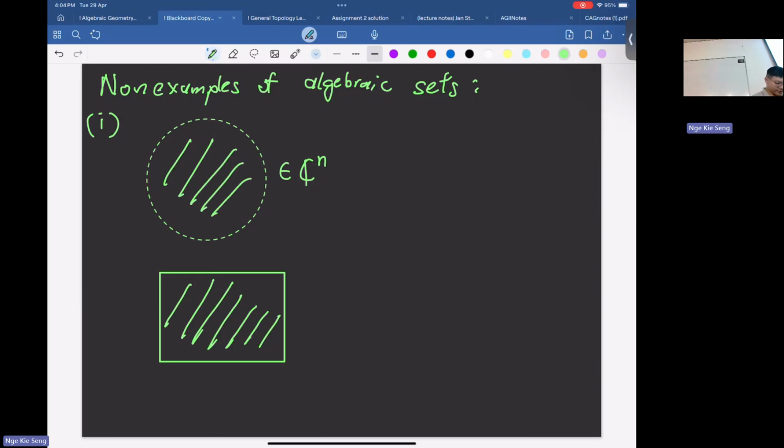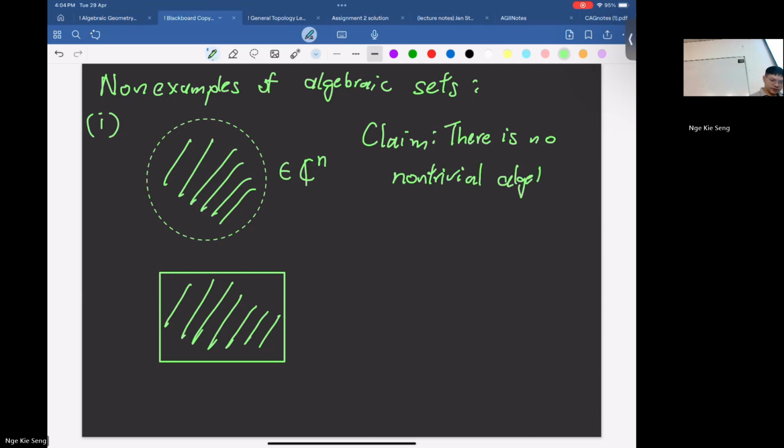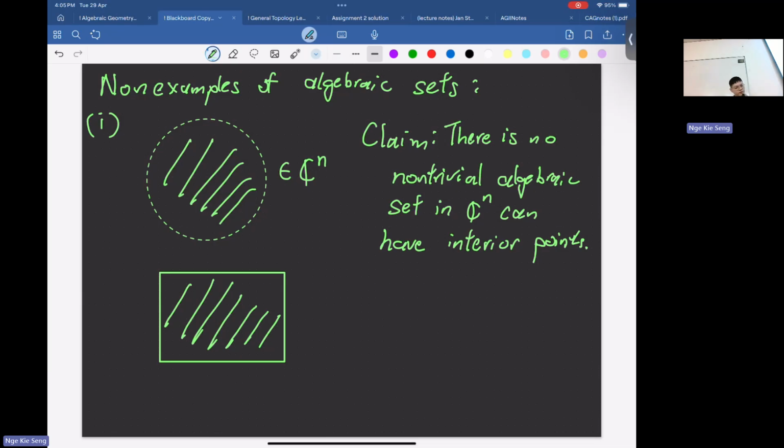One claim you can prove is that no non-trivial algebraic set in C^2 can have an interior point. Maybe you can generalize it to C^n: there's no non-trivial algebraic set in C^n that can have interior points.